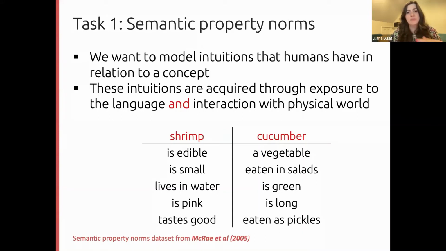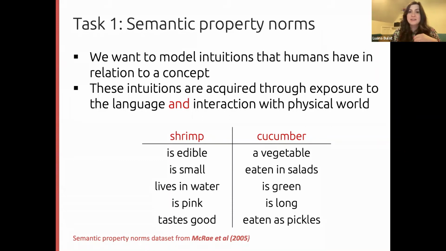In this setup, participants are presented with a word, a concept, such as cucumber or shrimp, and they're asked to write down properties of that thing. People might say that a shrimp is edible, lives in water, and is pink, and a cucumber is green, a vegetable, and eaten in salads. Interestingly, there's a lot of consensus around these properties.